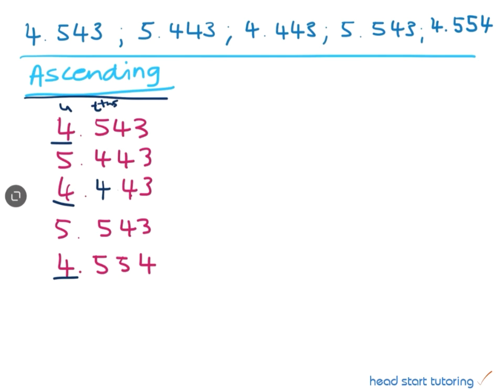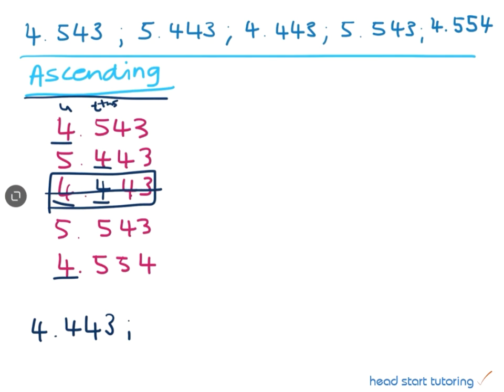Now we need to see which of these numbers in the tenths column are smallest. We can see that those two 4s are smallest, but because we know that 5 is bigger than 4, this number will be our smallest. So let's just write it out straight away. 4.443 is the smallest number.